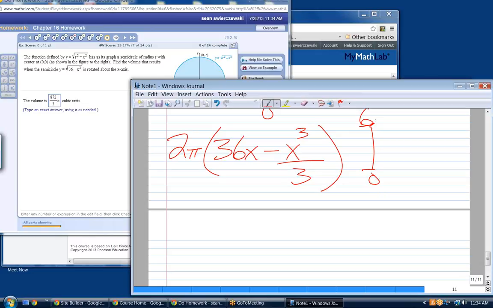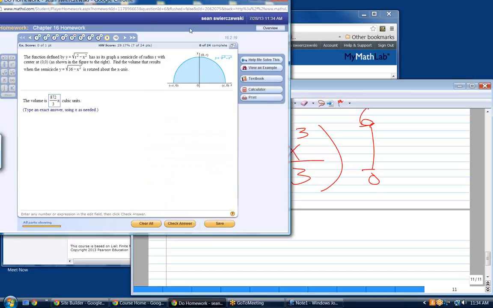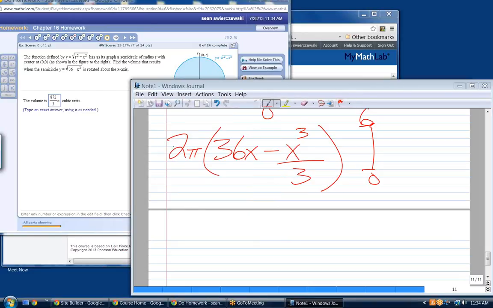If I don't have that 2 in front, what I'm going to get is the volume of a semisphere, because all I'm doing is rotating from here to here about the x-axis. I can take that final volume and multiply it by 2. That's where I got this 2 from, and why I'm only going from 0 to 6 instead of -6 to 6.